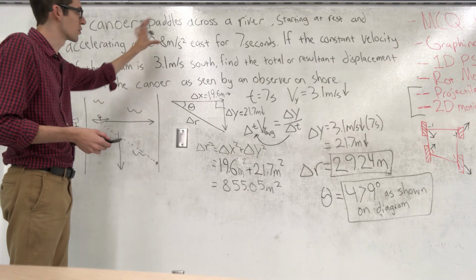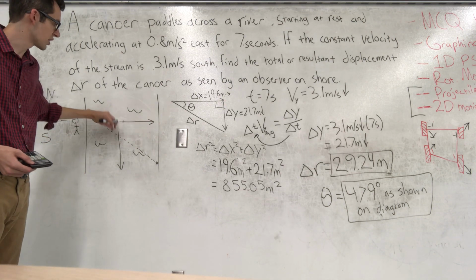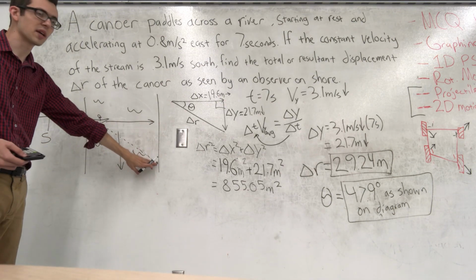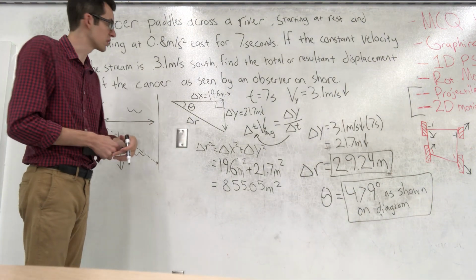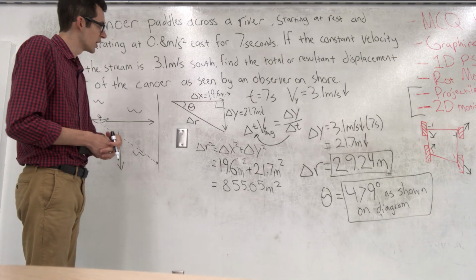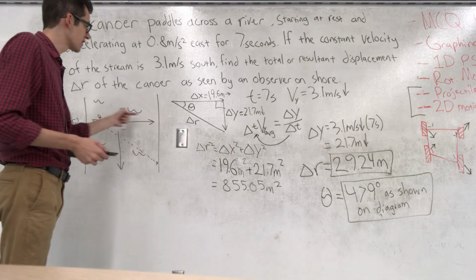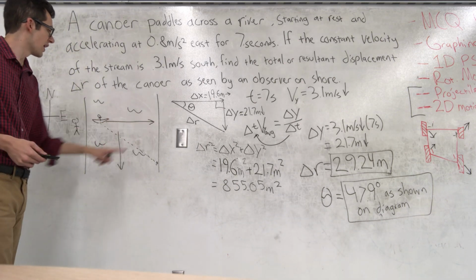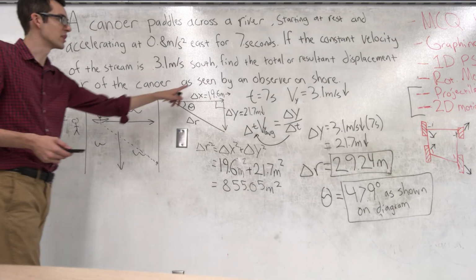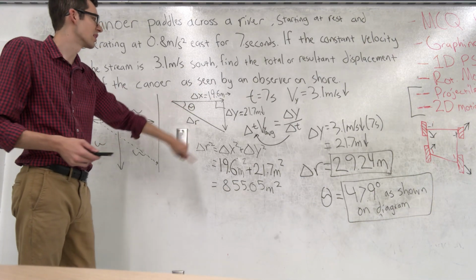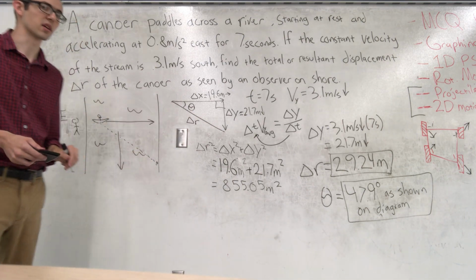So this is how we go through a two-dimensional motion problem to take motion in the x direction and the y direction, combine it to find the resultant motion, and find our resultant displacement delta r. Again, we could also do the same thing with velocities. If we had an average x velocity for that x period and an average y velocity for our y direction, we could combine them in the same way with the Pythagorean theorem to find the average total velocity traveled along this diagonal line by our canoer.